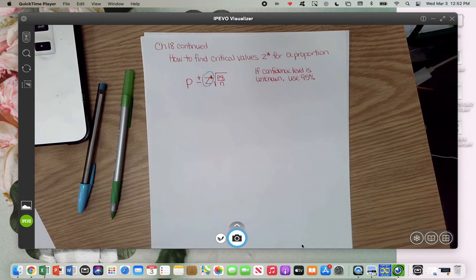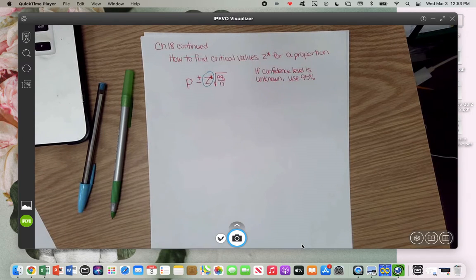We can't ever be 100% sure. 95% is pretty certain, 99% is super certain, but if you are given a confidence level, use that. If you are given something else, then you will use the value that's given to you. But if you don't know it, use 95.